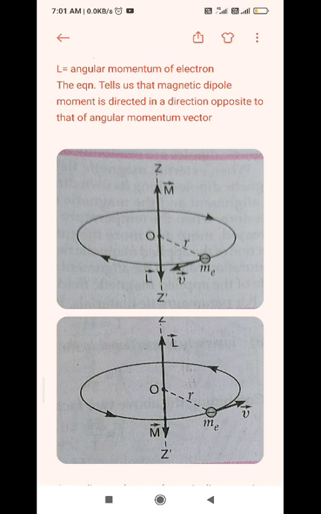Angular momentum will be downwards, and magnetic moment will be upward. In case of an electron moving in the anti-clockwise direction, the angular momentum will be directed upwards, and the magnetic moment hence will be downwards.